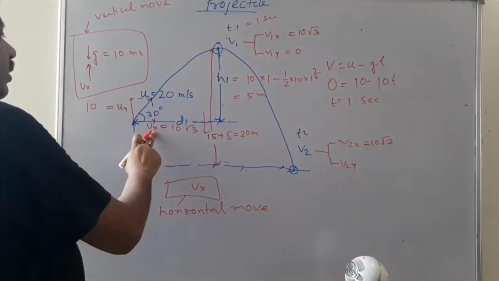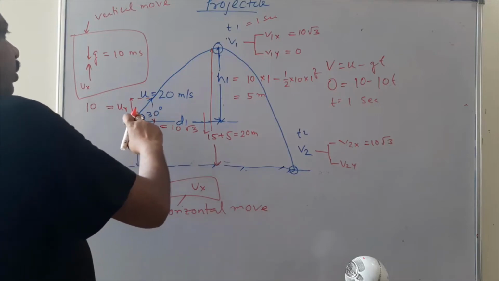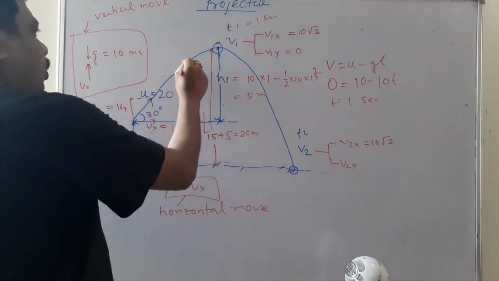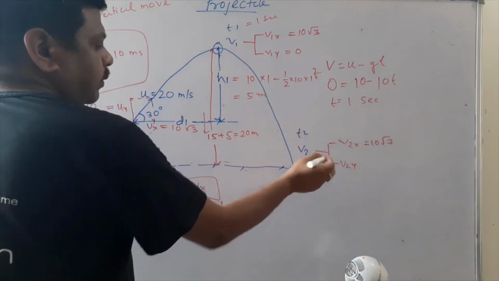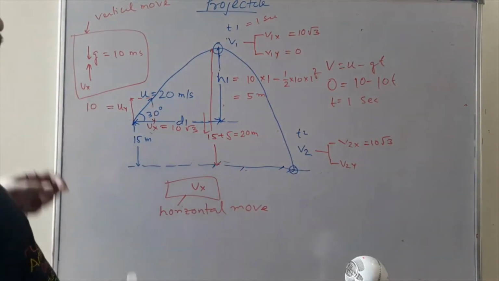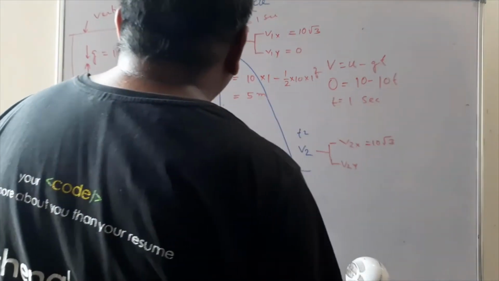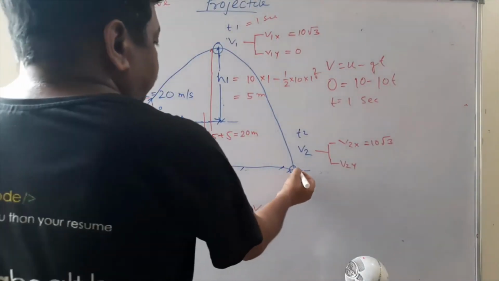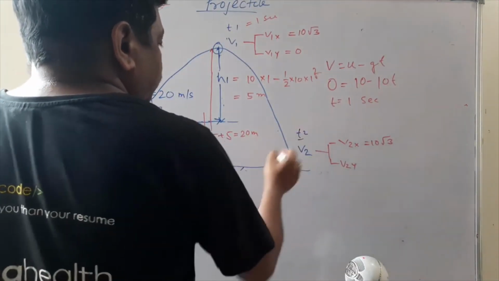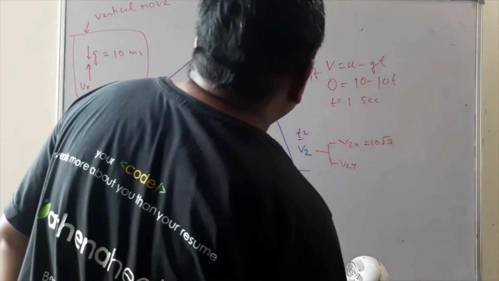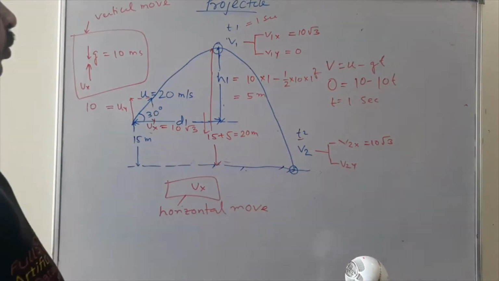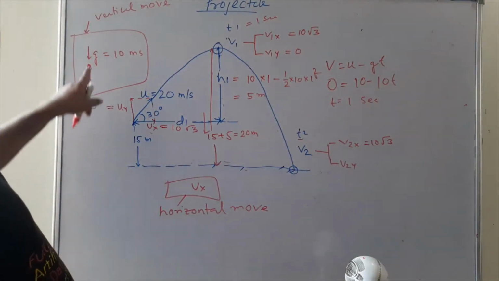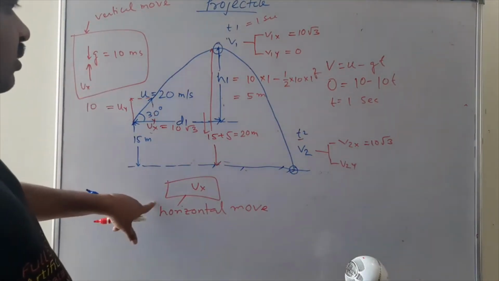That velocity vx is constant at all the points of this path, right? Now we have to find out this t2. Just think how we can find out, in particular which things we have to consider.